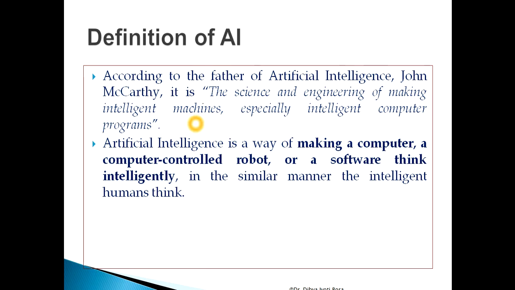And this AI or artificial intelligence is a way of making a computer, or a computer controlled robot, or a software think intelligently. You see, guys, I'm using the term intelligent because whatever the application we are trying to build under this domain, we try to make them intelligent, in the similar manner as intelligent humans think. Well, so this is about the definition.